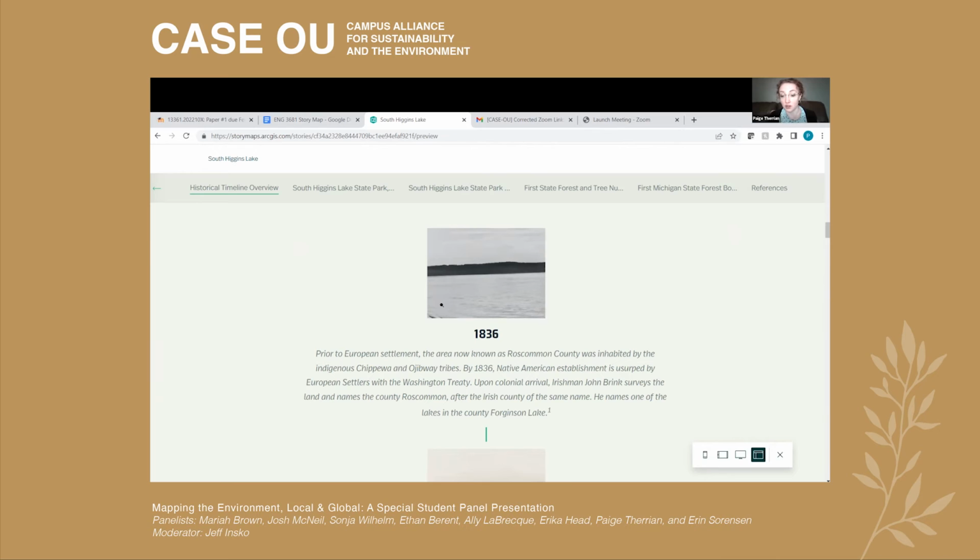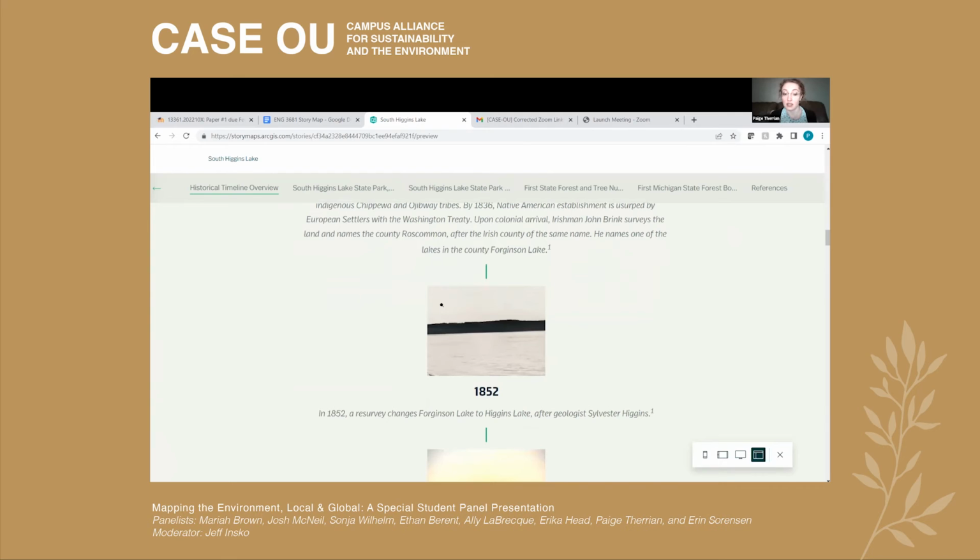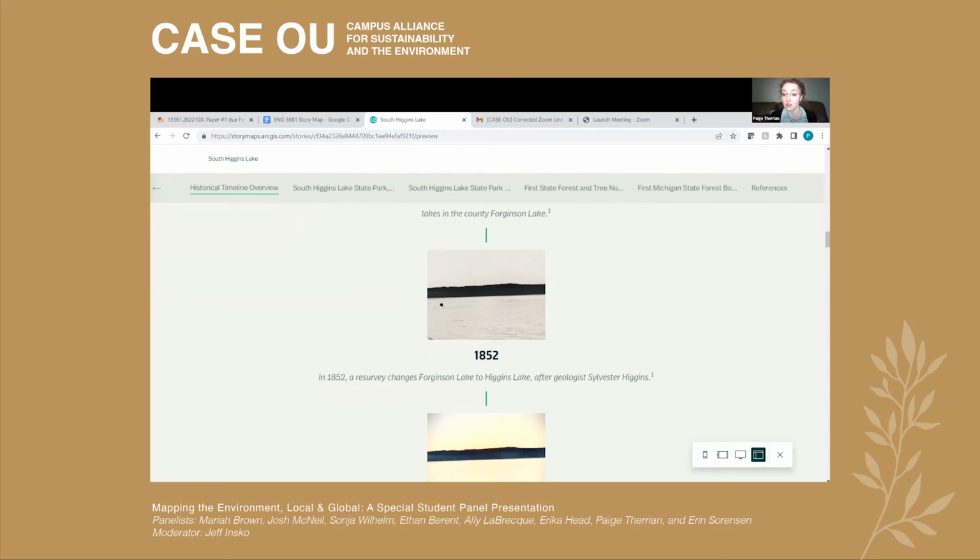Upon colonial arrival, Irishman John Brink surveys the land and names the county Roscommon after an Irish county of the same name. He names one of the lakes in the area Forgenson Lake. However, in 1852, a resurvey changes the name of Forgenson Lake to Higgins Lake, which has stayed to this day, after Sylvester Higgins.